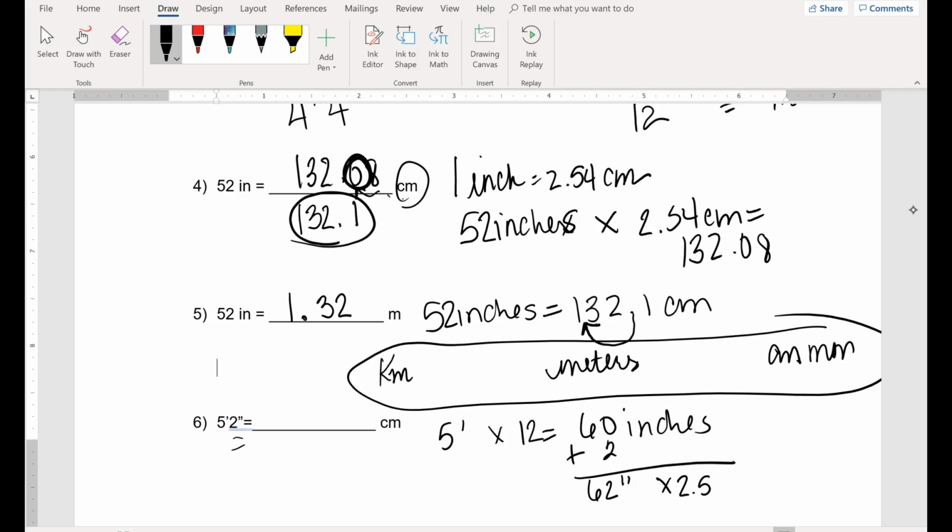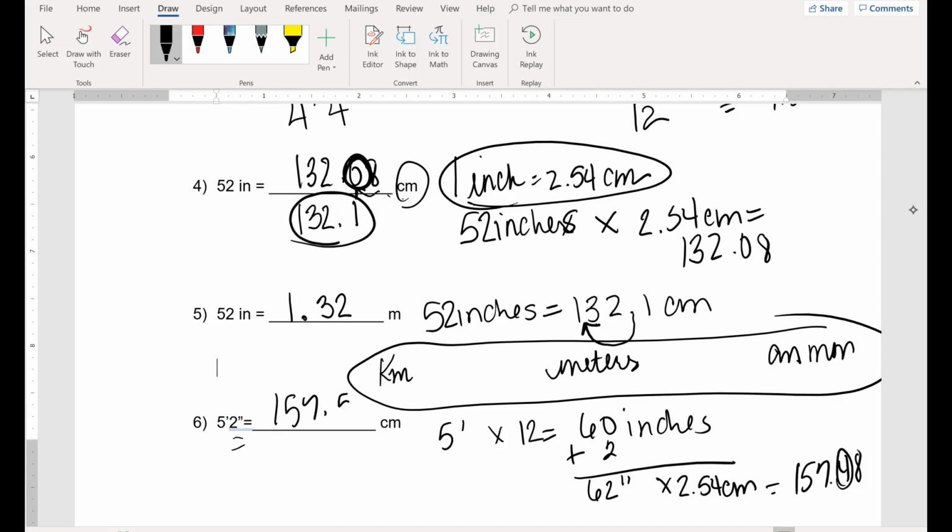And we multiply that by 2.54, right? Because this is the same formula that we used up here. And we get a total of 157.48. Taking that to the 10th position, we're going to get 157.5. See how we got there?